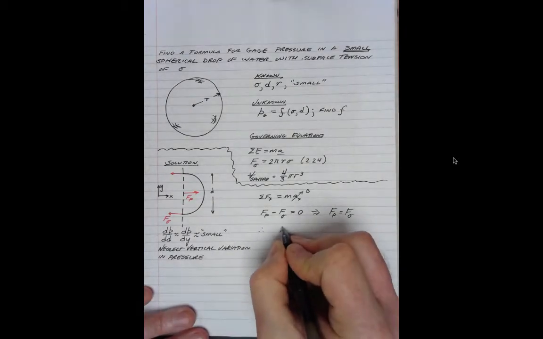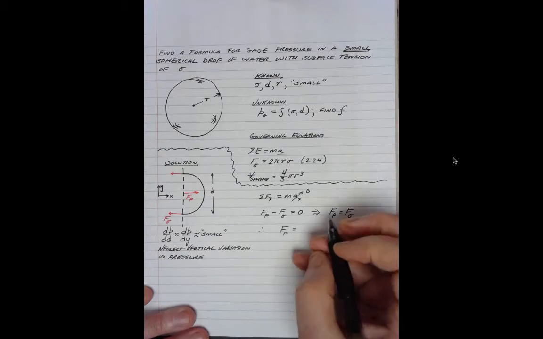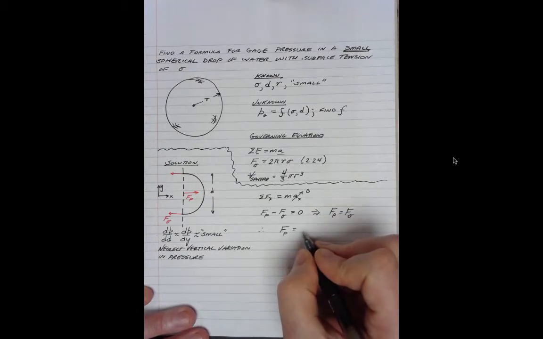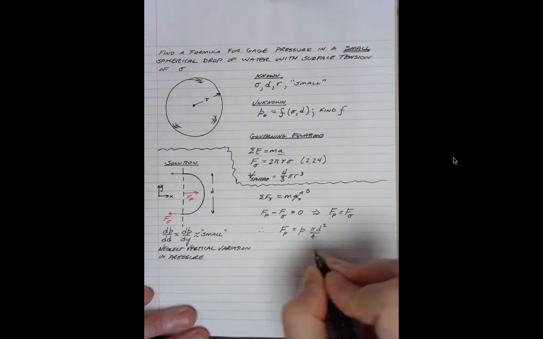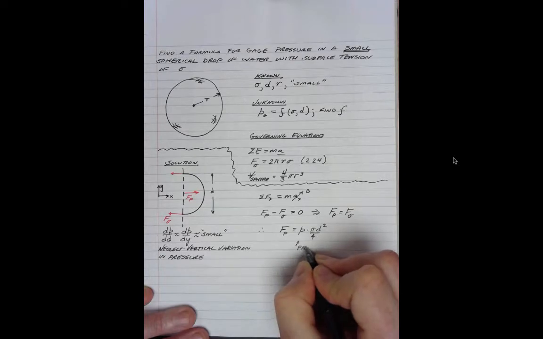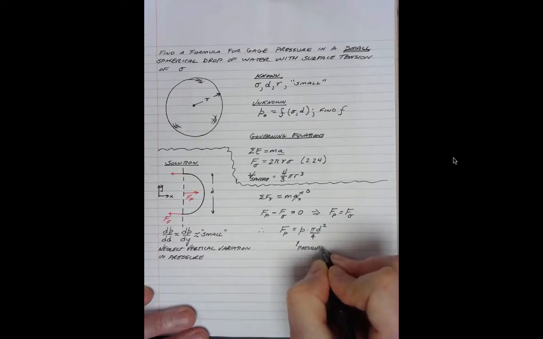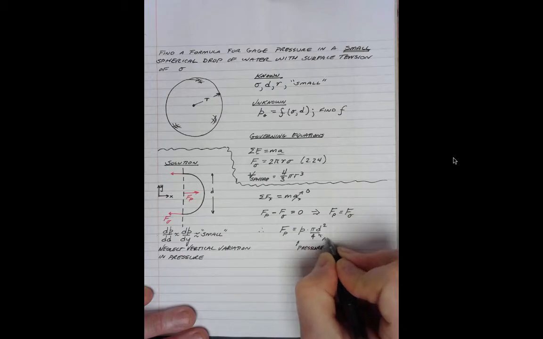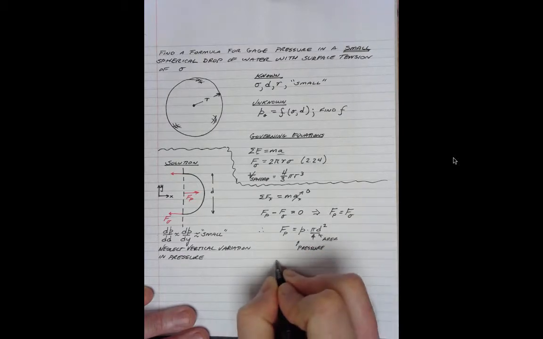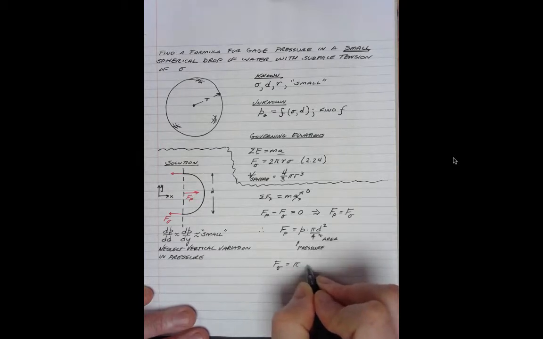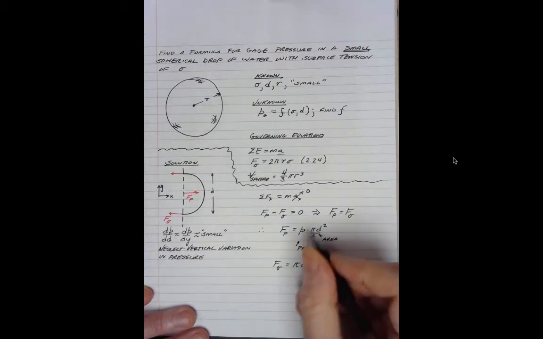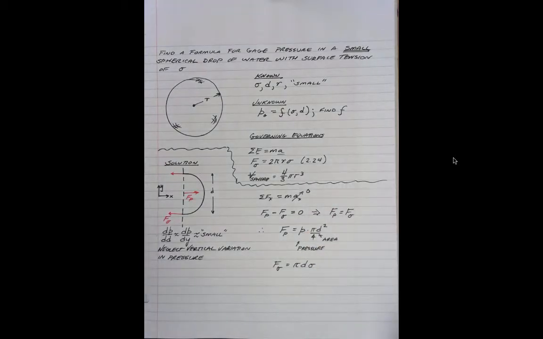Therefore, force of pressure equals pressure times pi d squared over 4. So that's pressure. This is area. F sigma from the formula is pi d sigma. We have 2r, which is the same as the diameter.